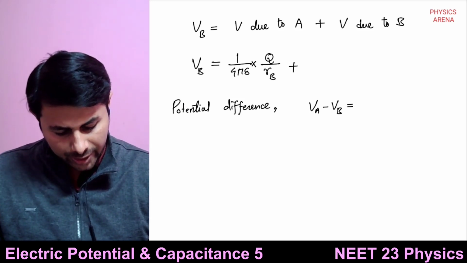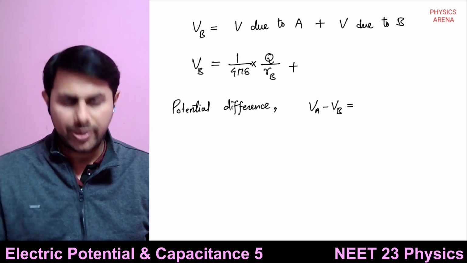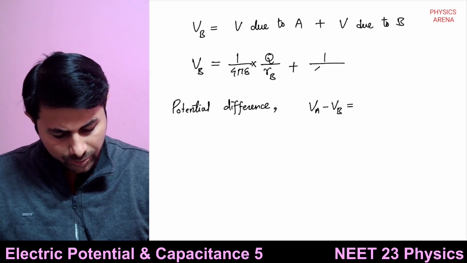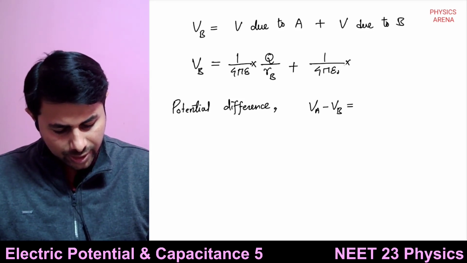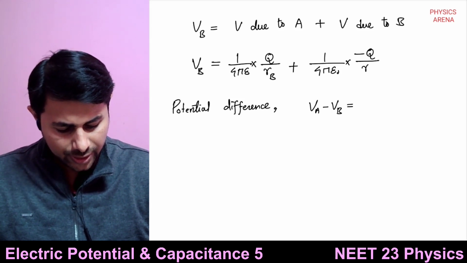Plus the potential due to B will be 1 upon 4 pi epsilon naught multiplied by minus Q divided by RB.